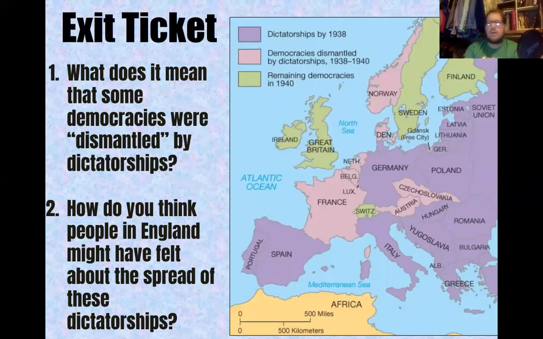The mother of all democracy, as you know, they get noted that they are a democracy that evolves over time, whereas most other democratic countries you see are democracy by revolution. So how does someone like Great Britain feel about the spread of these dictatorships, right?